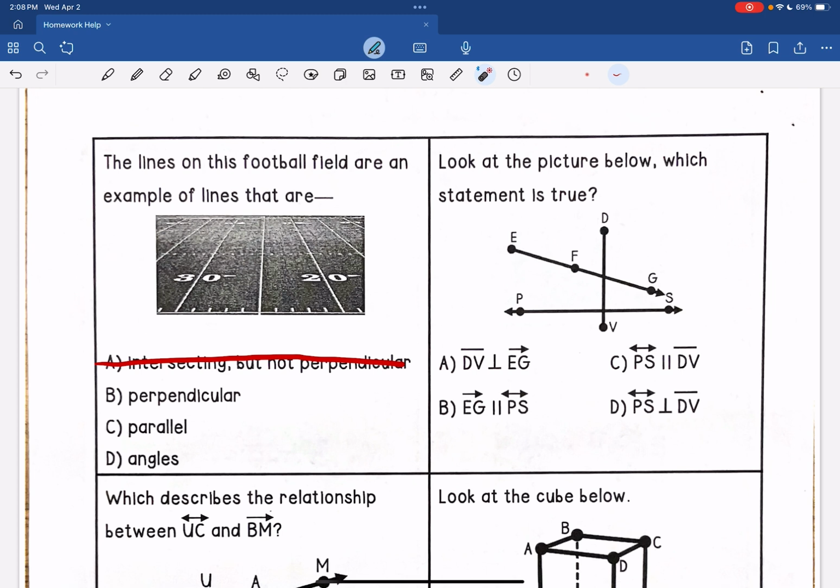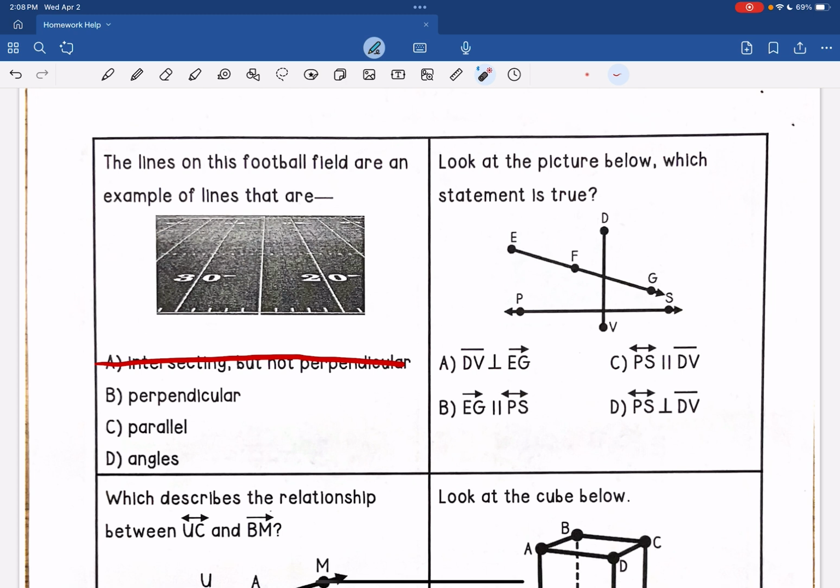And then angles. Do we see any example of lines that are angles? Well, angles are made from multiple lines or rays being put together at a common endpoint. I don't know how a line alone can be an angle, but if they're talking about where this line meets this line, then yeah, that would be an angle.